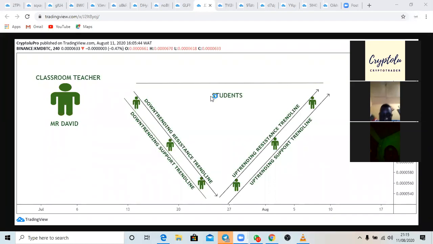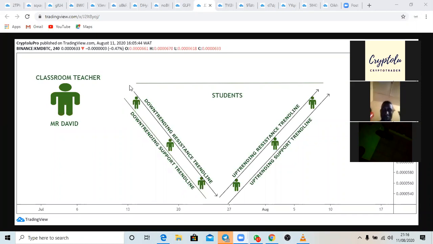Remember that the teacher first positioned these first three students here on one straight line. The first student is here, the second student is here, and the third student is here. But look at what he did for the fourth student.